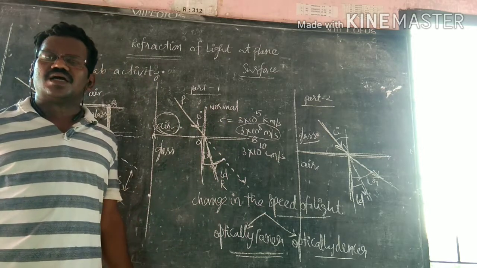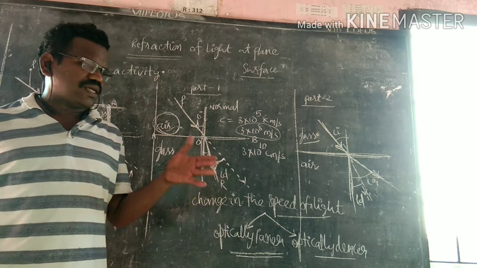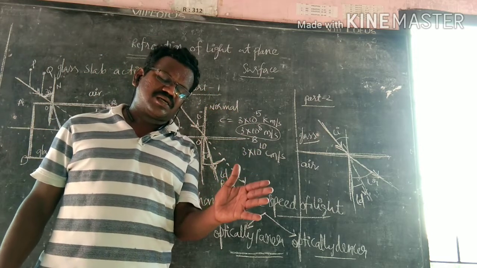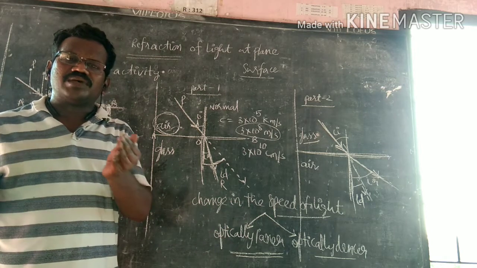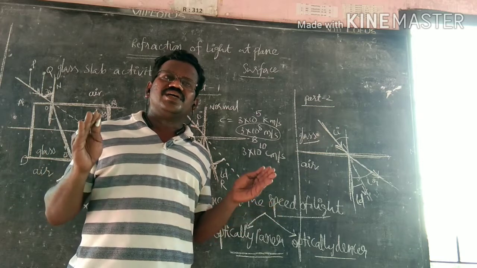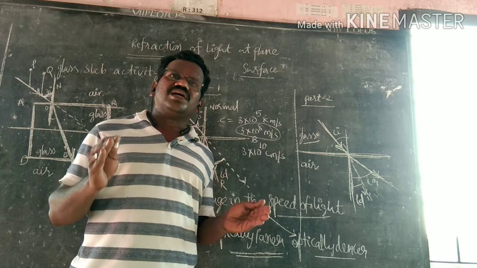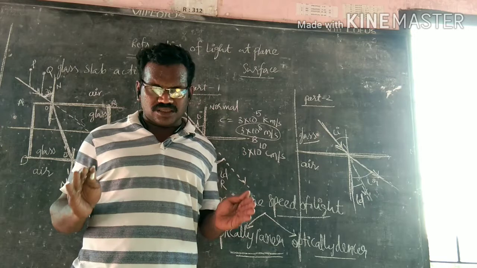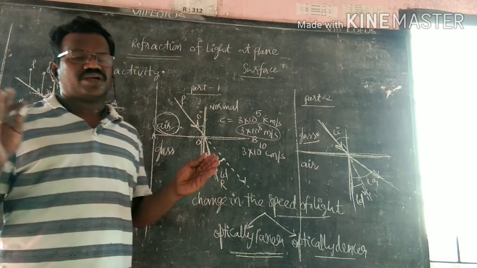Finally, we can conclude that if the light ray travels from one medium to another medium, it deviates from its path because of the change in the speed of light. Such phenomenon is called refraction. The phenomenon of deviation of the light ray at the interface of different optically rarer and denser media because of the change in the speed of light is called refraction.